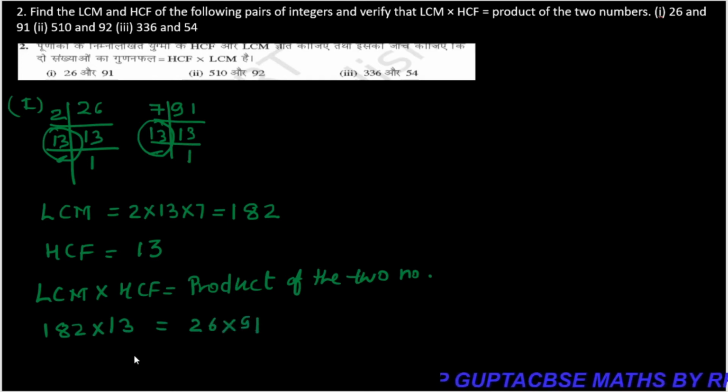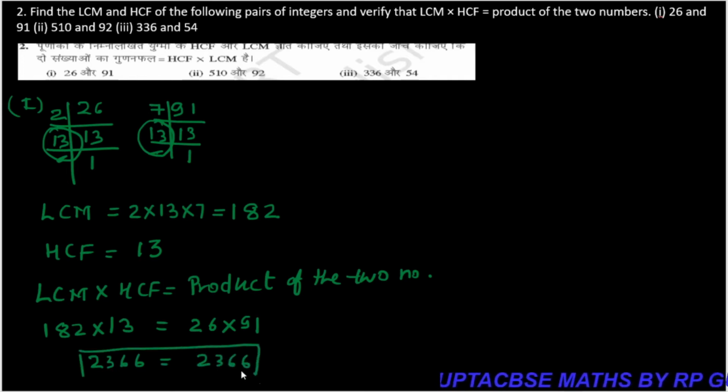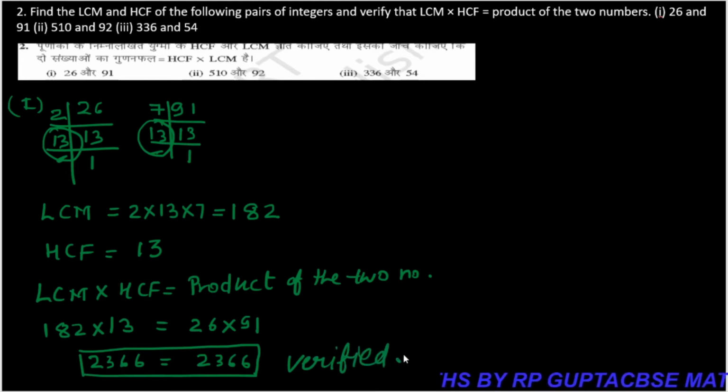If you do 13 into 182, it becomes 2366, and 26 into 91 also becomes 2366. So it is verified. I hope all of you understood this question.